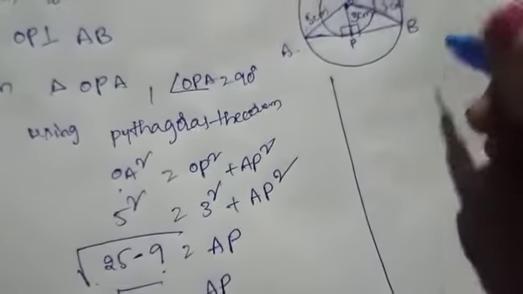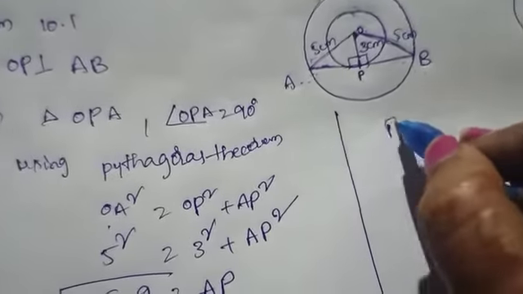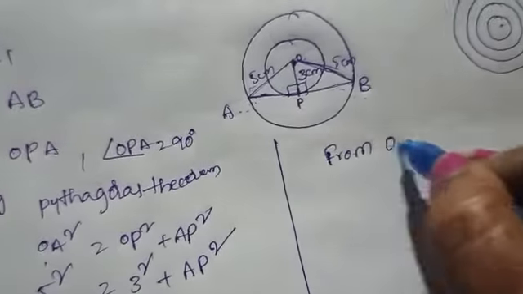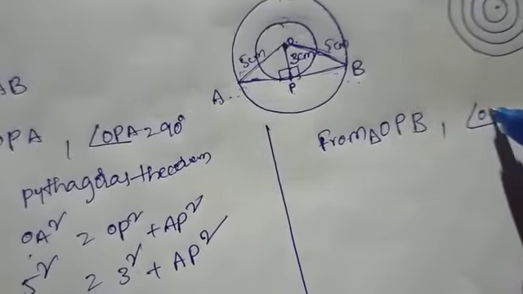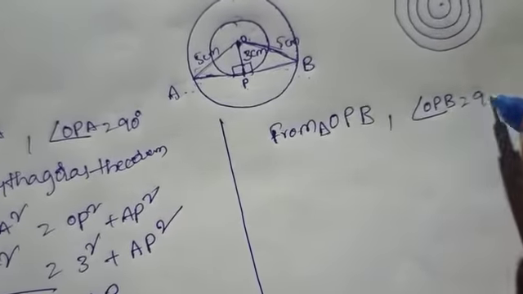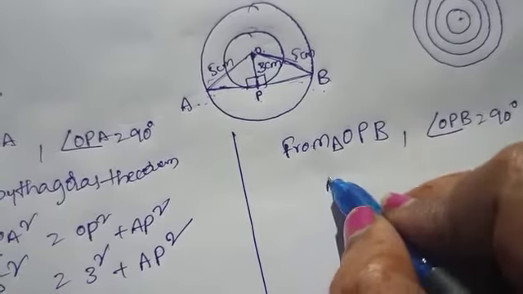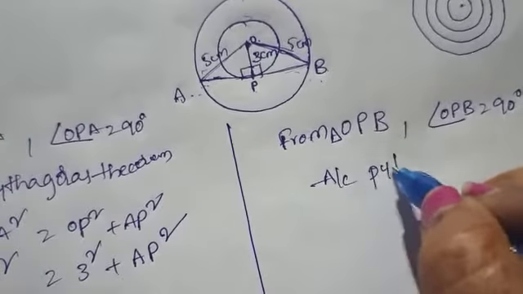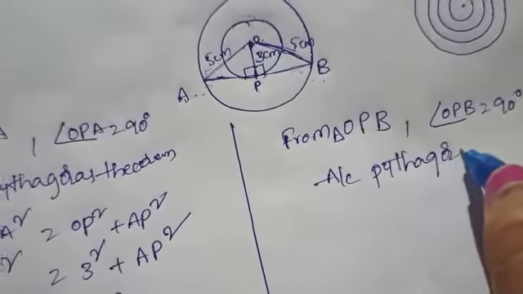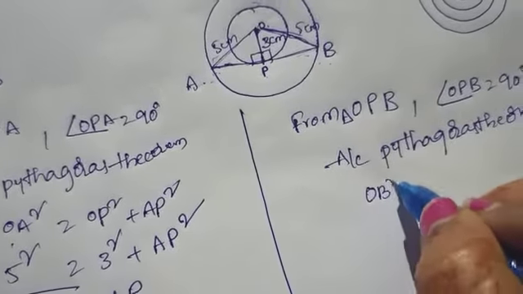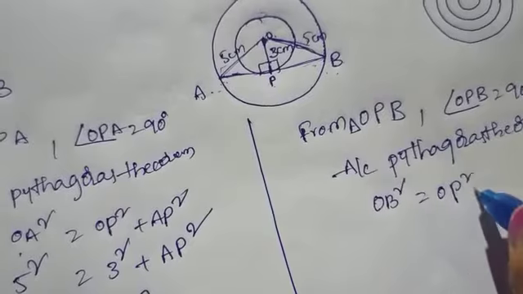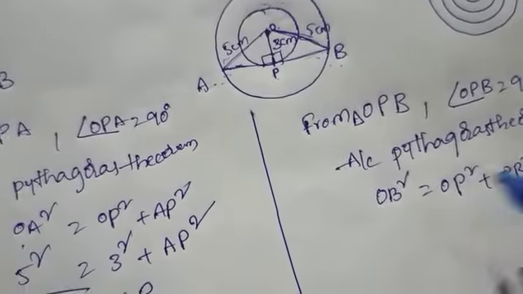Next, from triangle OPB, angle OPB equal to 90 degrees. So applying Pythagoras theorem, according to Pythagoras theorem, OB square equal to OP square plus PB square.